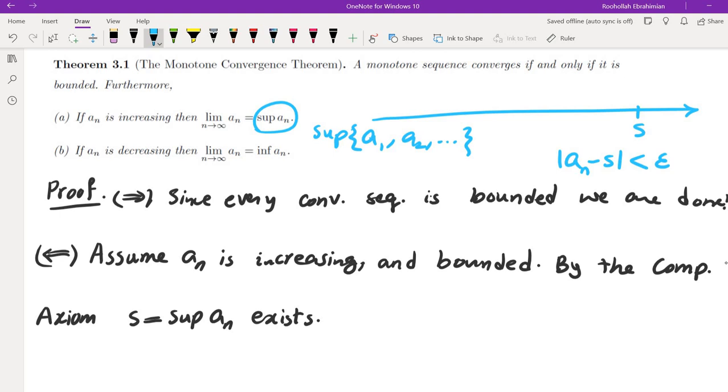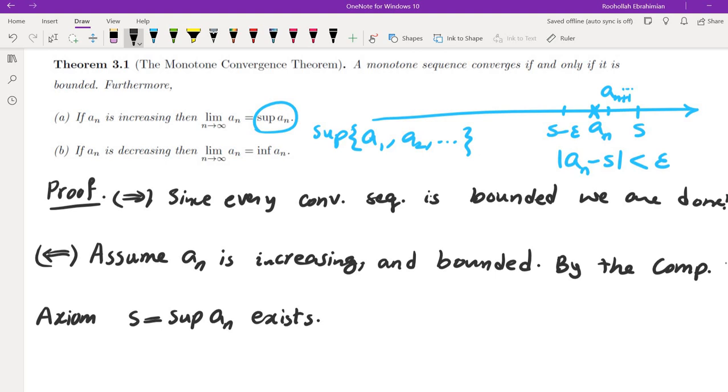Since it is the supremum, a_n is always less than S, so it won't be to the right of S. However, because it's the supremum, if I take S minus epsilon, some term in the sequence would be more than S minus epsilon. But because it's increasing, every later term would be in between a_n and S, which is essentially what we wanted.